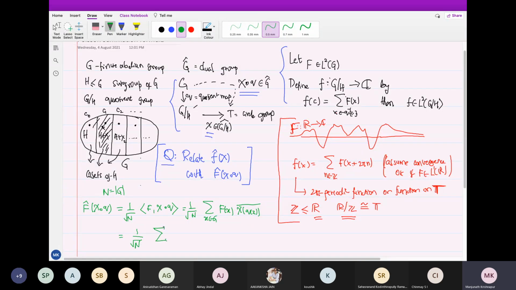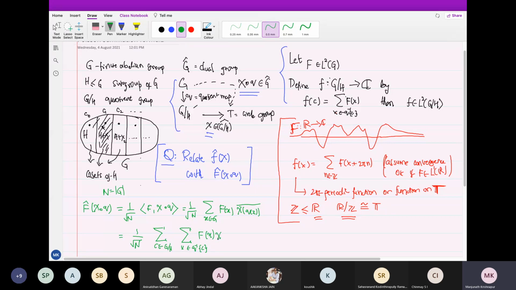Since the group can be partitioned in cosets, I will sum, for each coset C of G by H, over all those x which belong to that coset, which is x in Q inverse of C. That means those x for which Q of x is C, the same quantity F of x chi of Q of x.